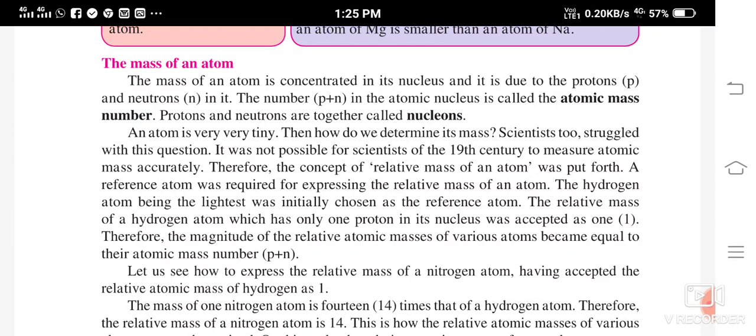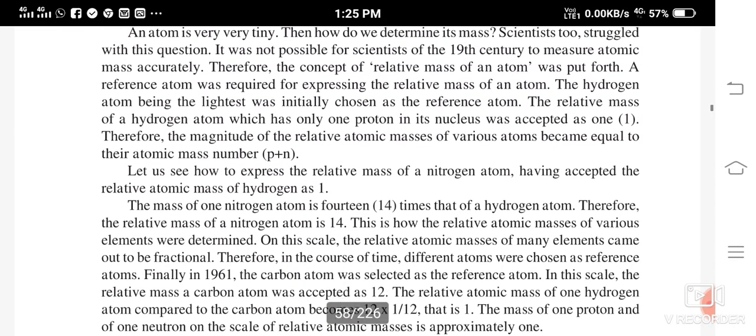So the relative mass of hydrogen was considered as the reference because it was the lightest one. Therefore, the magnitude of the relative atomic masses of various atoms became equal to their atomic mass number.